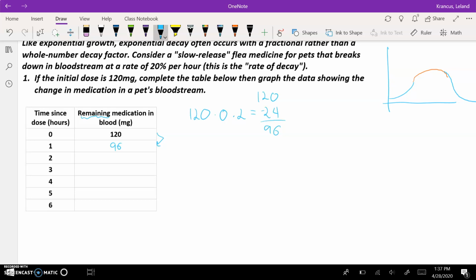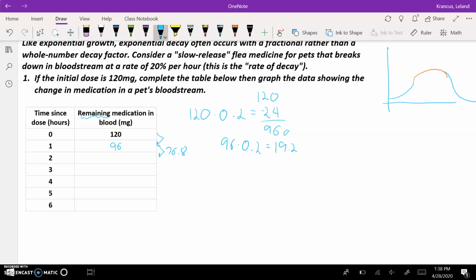Kind of tedious to find 20%, subtract 20% from the previous value to get the next value. But you could keep doing that. It would go from 96, and the next one, I believe, would be 76.8. So remember, in the next interval, you're doing 96 times 0.2 to get the amount of change, which I believe is 19.2.